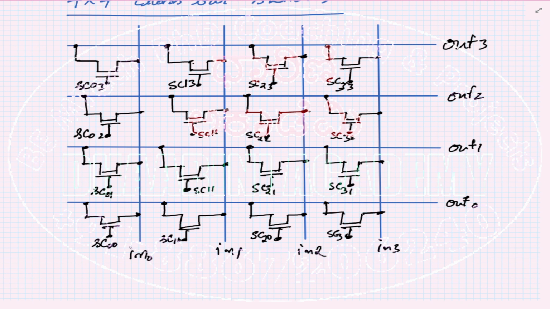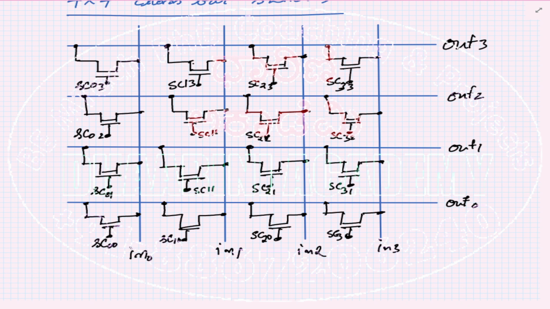Any input line can be connected to any output line or all the output lines, as per your requirement. You can make these changes here. Also, if all the switches are closed, all inputs get connected to all outputs, and you can pass on the data. So this is the requirement here.